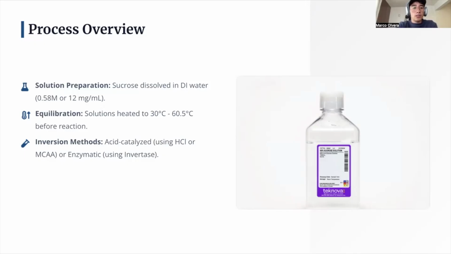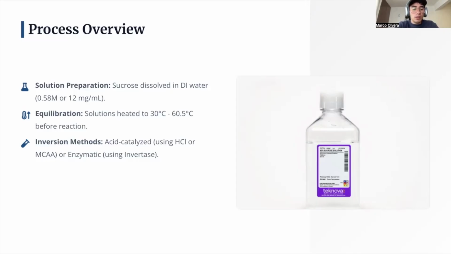For the calibration, the solution needs to be heated from 30 up to 60.5 degrees. In my model, I started at 25 because I found some of the enthalpies, and mostly enthalpies because the CPs were also a function of the temperature.